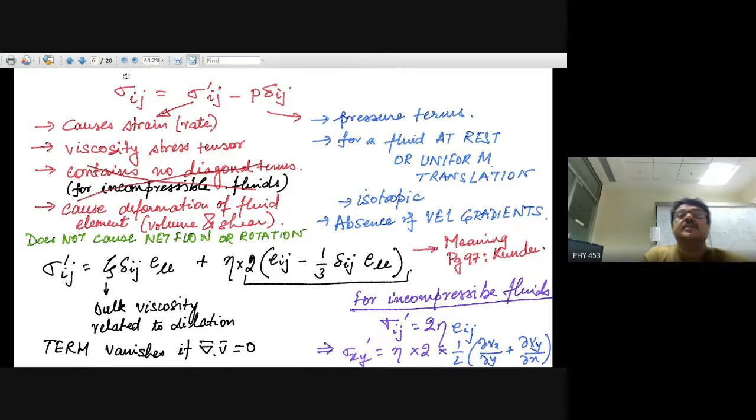which includes pressure, whether it's mechanical or thermodynamic, I'm not specifying, but pressure contributes only to the diagonal components of the stress tensor, right?